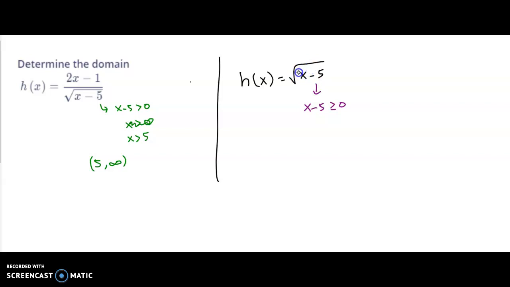Inside the square root, it can equal 0 because the square root of 0 is just 0, right? But in the one that we did in green here on the left-hand side, we have to use only greater than 0 because it's in the denominator, right? The denominator can't equal 0, okay?